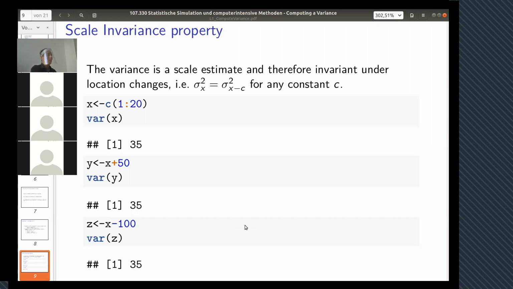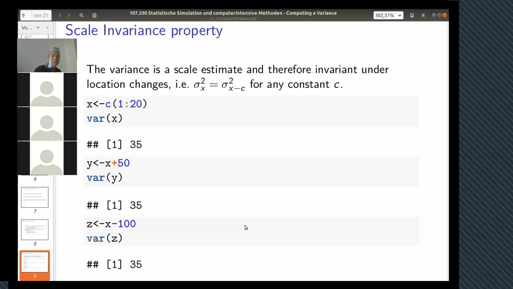So it should not matter if we measure our temperature in degrees Celsius or degrees Fahrenheit or in Kelvin. In particular, Kelvin and degrees Celsius use the very same scaling, but they use different 0 points.